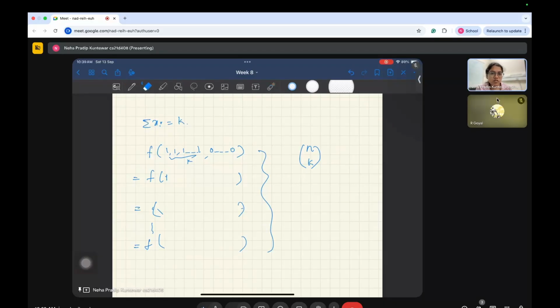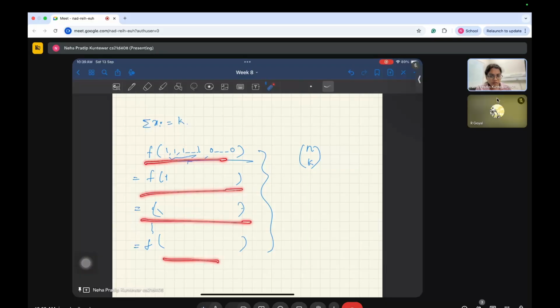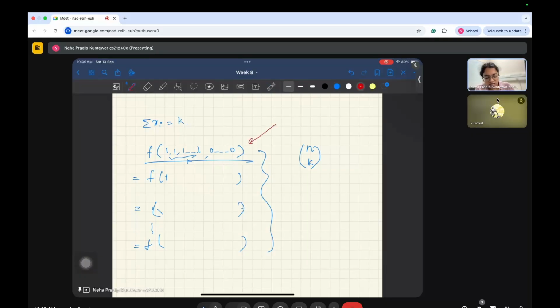But by definition of the symmetric function, we know that all of them must compute the same value. And in each of the cases, observe that the summation of xi is equal to k.